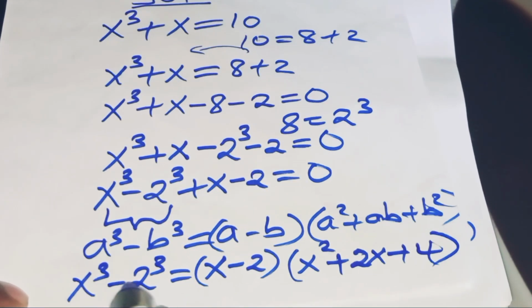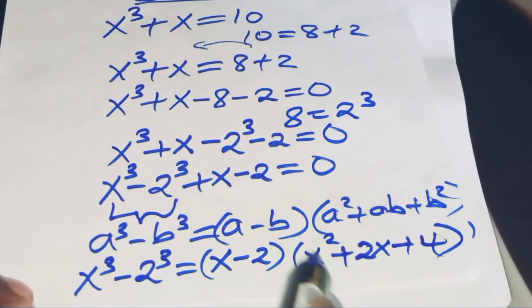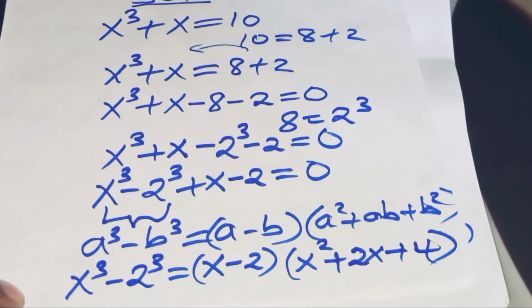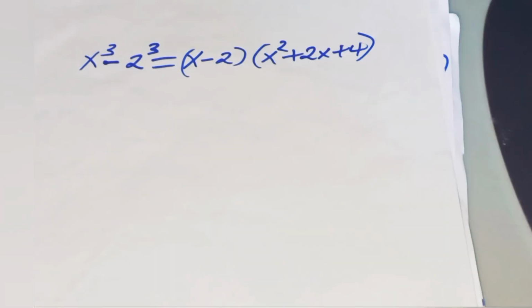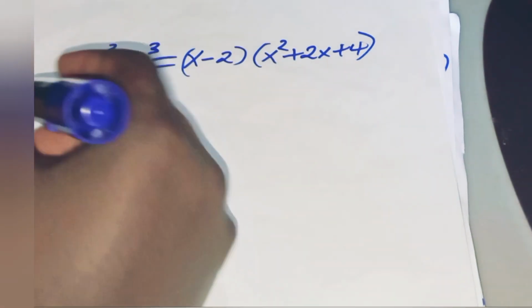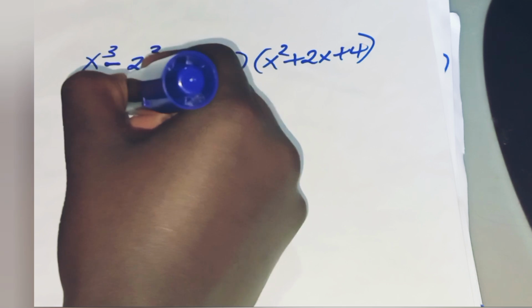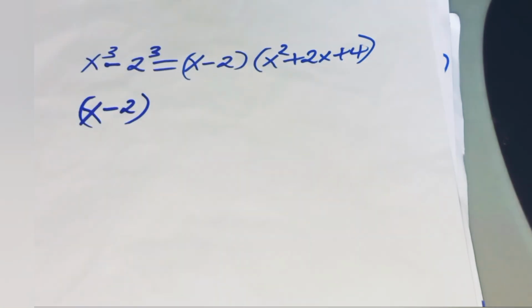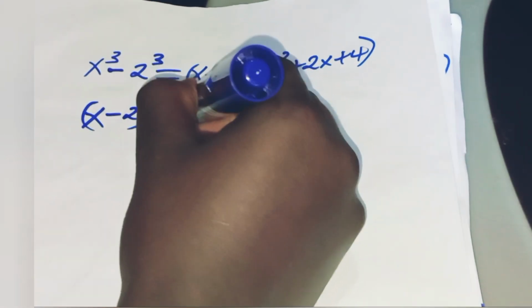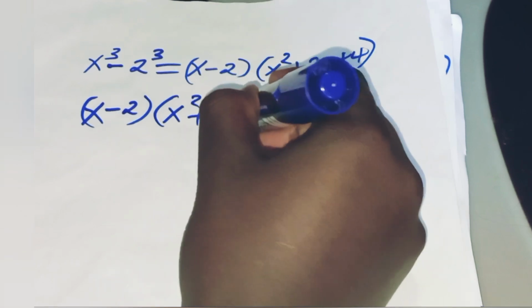So x cubed minus 2 cubed is x minus 2, x squared plus 2x plus 4.